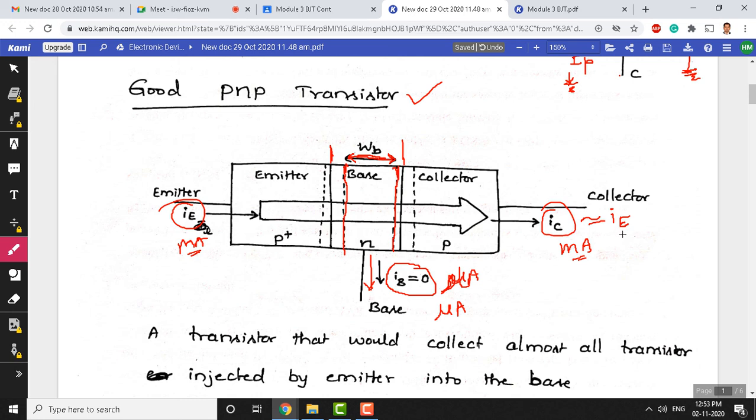IC is approximately equal to IE for a good PNP transistor. Therefore, the magnitude of this current and the collector current is going to be in milliampere, whereas the base current is going to be in microampere, because this region is lightly doped compared to the emitter region. Therefore, you get less current in the base region. This is a good PNP transistor design.